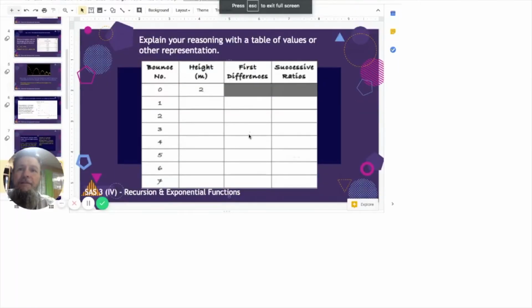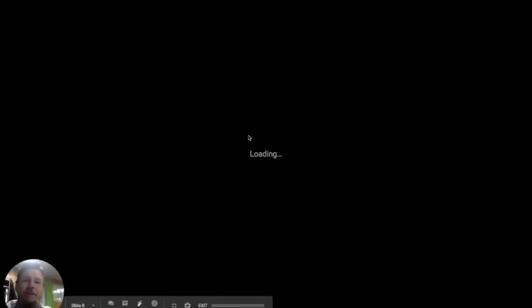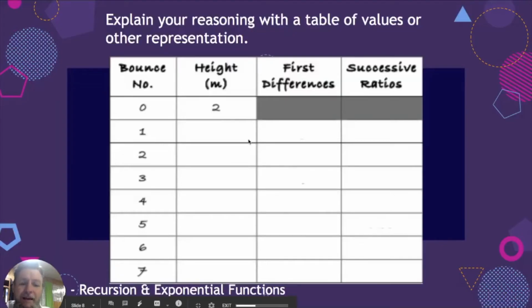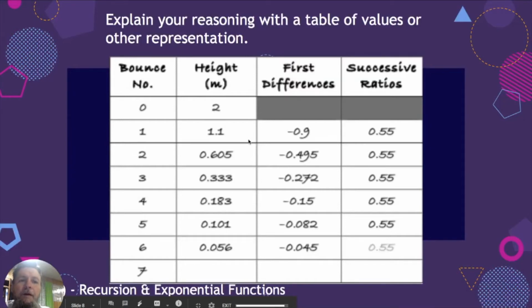We have the same percentage in the first differences that we have on the actual bounce. That's not strange. That's by design, and that's exactly how it works. All of these differences here have the same ratio as the differences in the bounce.